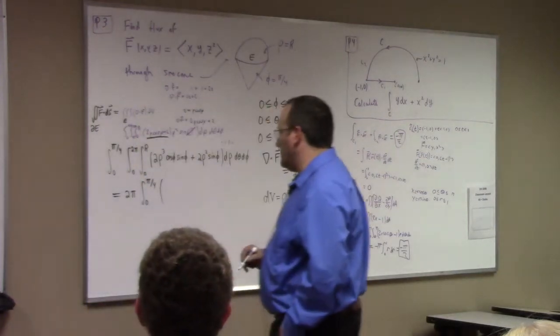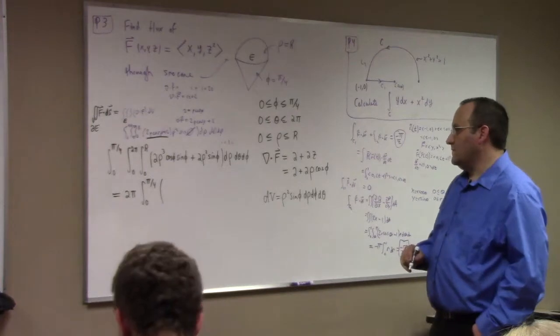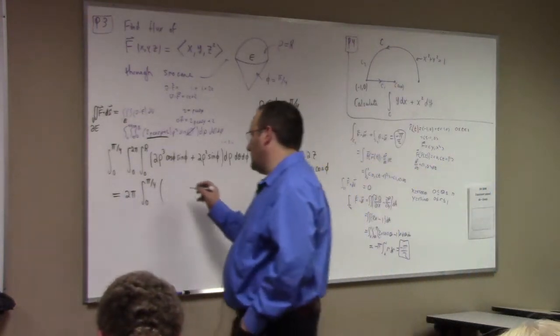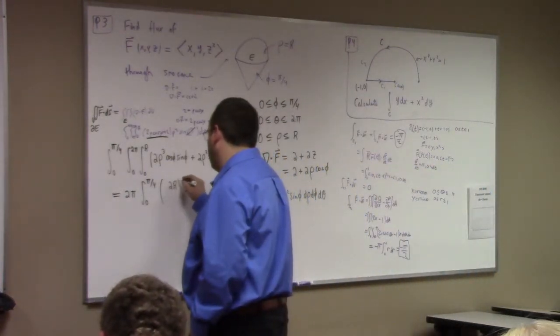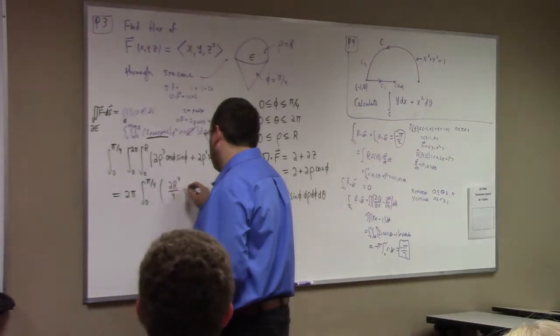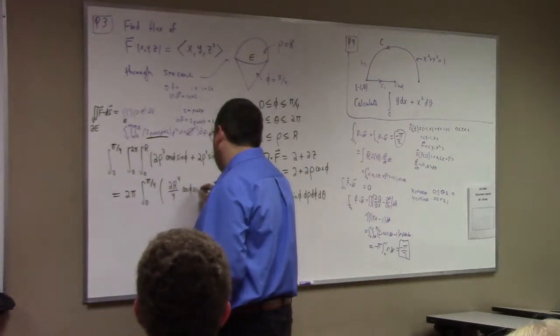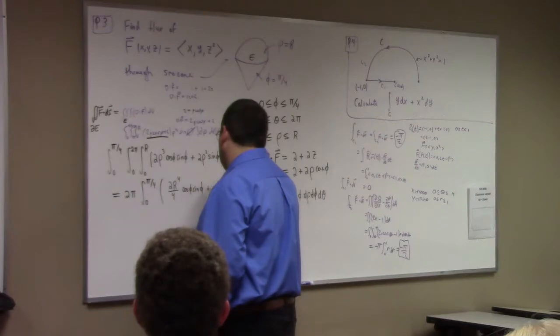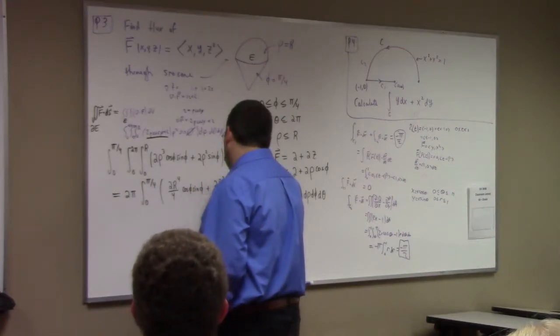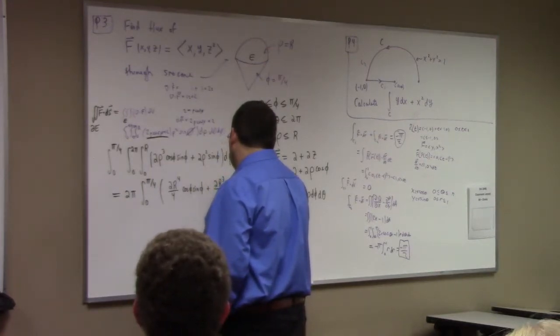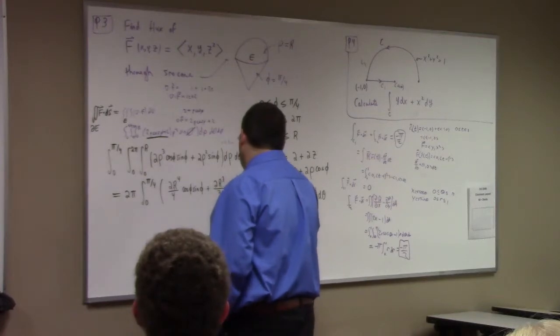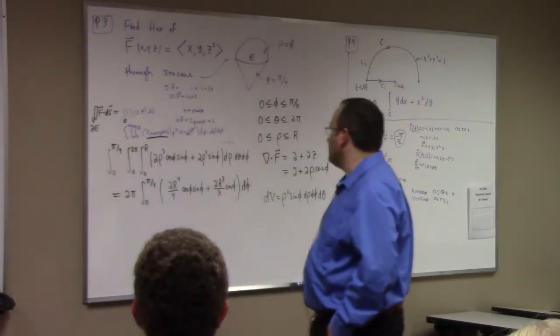The rho integrations just give us 2r to the 4th over 4 cosine phi sine phi plus 2r cubed over 3 sine phi. And we just got the phi integral left to do.